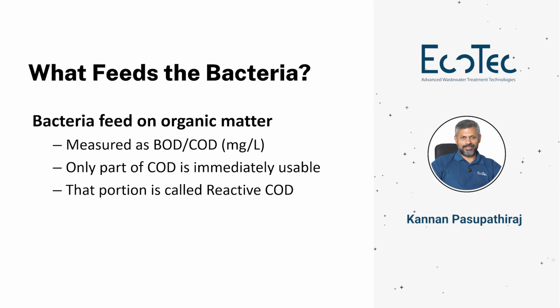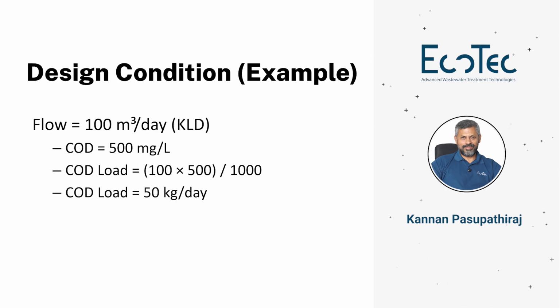There is a part of the COD that is not immediately usable unless it's converted to a reactive portion. This is the food for the microbes. If the COD drops, the growth of microbes drops, the activity in the sewage treatment plant drops, and the stability of the plant operation drops. The biology, which is made of microbes, responds to food, not to our design values.